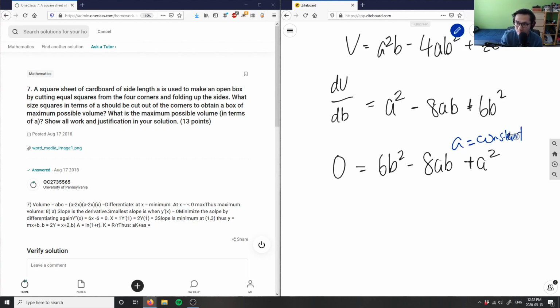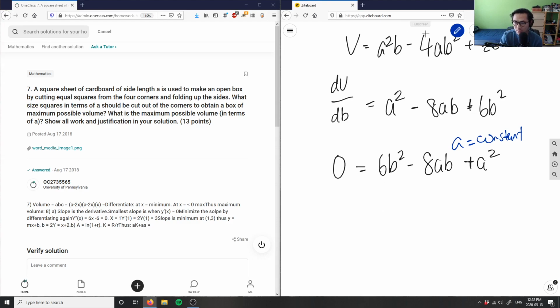So I would plug this into my quadratic formula to figure out what my possible dimensions are in terms of A. So this is, I believe, all the work I can do for this problem here, and I think that's about it.